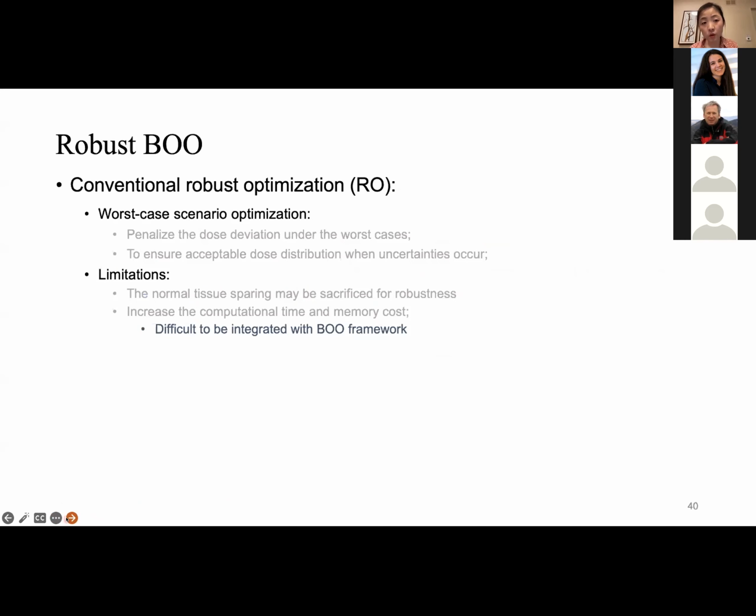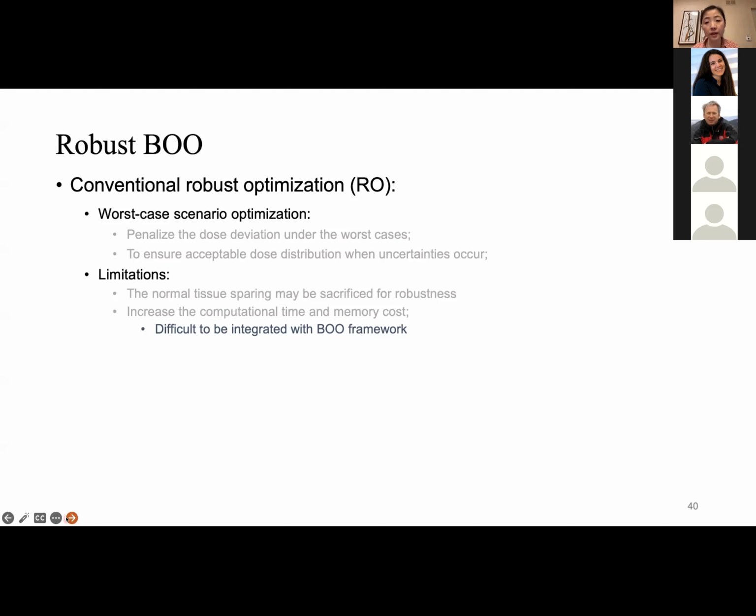So that's our goal. Let's talk briefly about conventional robust optimization. The conventionally used method is called worst-case scenario optimization. In this method, it calculates the worst cases, the largest setup error or the largest range uncertainty that can happen, and then penalizes the deviation under the worst cases, to ensure acceptable dose when some uncertainty occurs, and this uncertainty won't be as bad as the worst case.